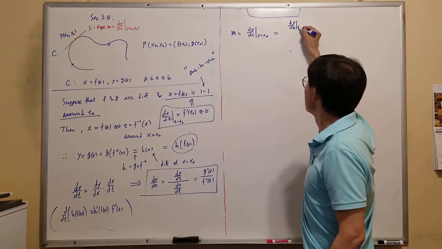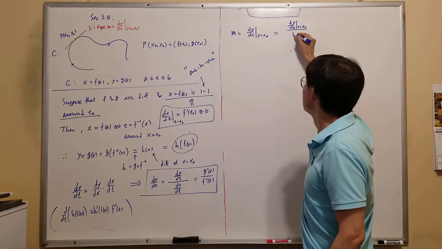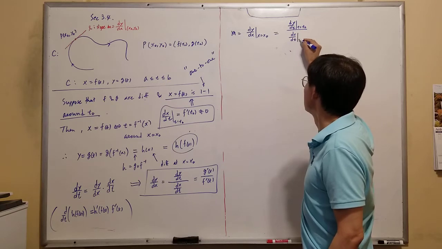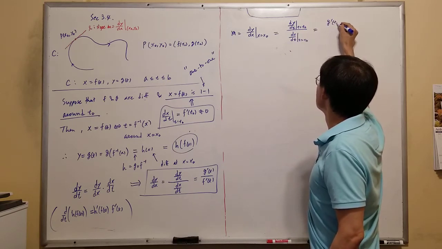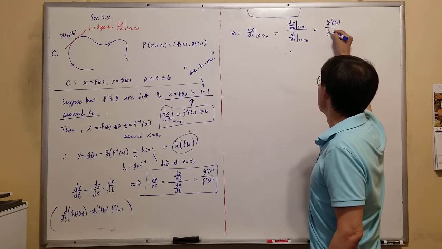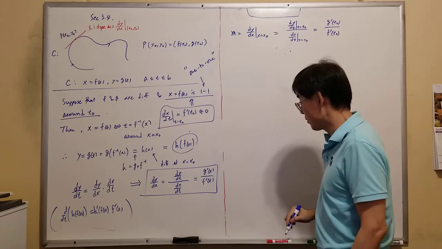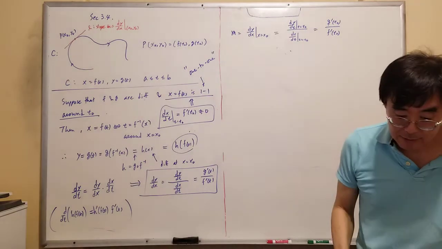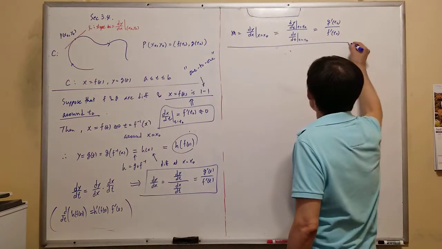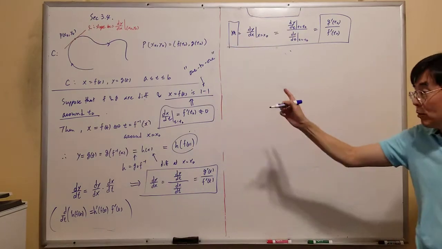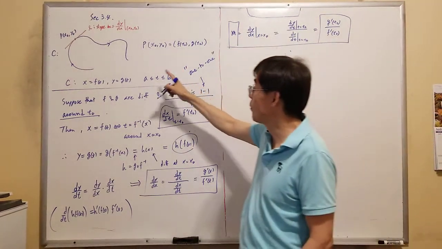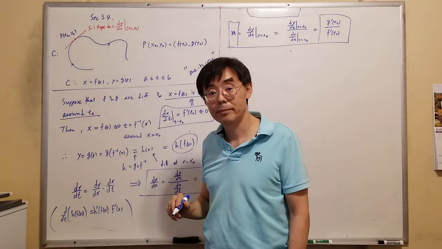dy over dt when t equals t0, dx over dt at t0, which means just g prime of t0 over f prime of t0. Okay? So we can get the slope of the tangent line, even though we didn't actually solve this for an xy equation.